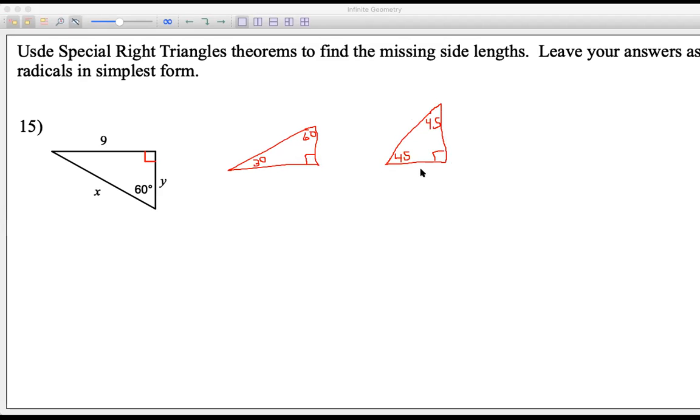So the sides are A, A, and A square root of 2. The 30, 60, 90, the short side is always A, the hypotenuse is double A, and the other one is A root 3.